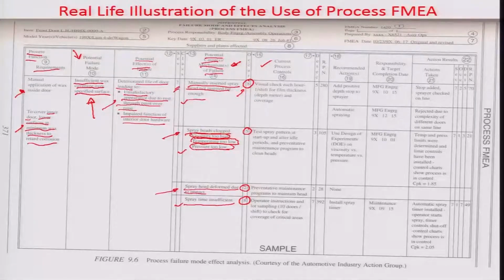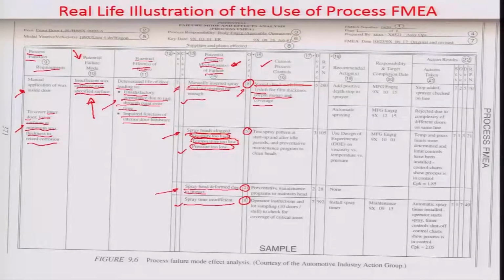For example, for the manually inserted spray head not inserted far enough mechanism for failure, he finds out a process control is to visually check each hour, maybe one vehicle per shift, for film thickness. This can be done using a depth meter, where the insertion into the wax layer might give a marking on the scale through which you could measure the thickness of the wax.